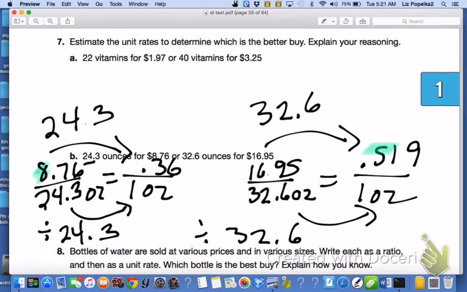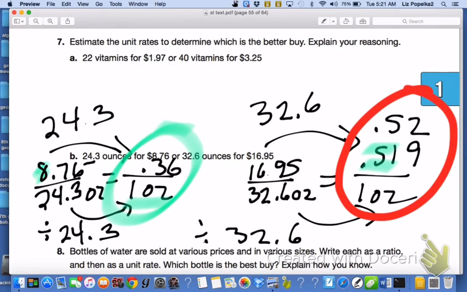So I'm going to round it to those first two decimals, which will be 0.52. So the 24.3 ounces is definitely the better deal because I'm getting 1 ounce for 36 cents, whereas in this other one, I'm getting 1 ounce for 52 cents. So I'm paying a lot more per ounce. So the 24.3 ounce one is the better deal.